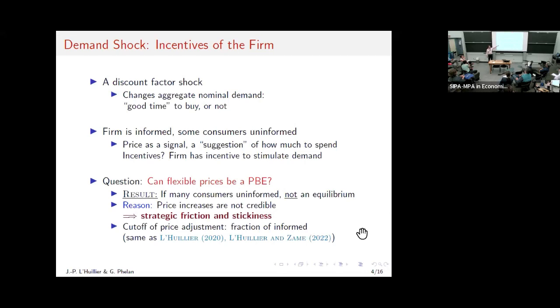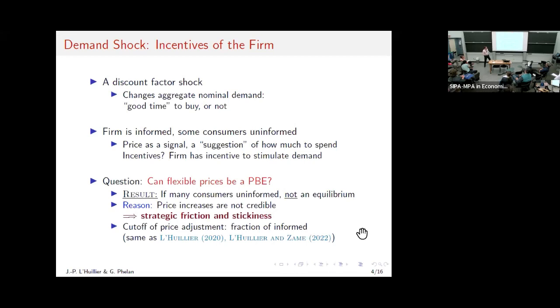The result is that if many consumers are uninformed, this cannot be an equilibrium. Why? The reason is price increases are not credible. Why not? Because even if it's not a good time to buy, the firm has an incentive to increase prices and try to convince the uninformed consumers that it's a good time to buy. But the consumers, being rational, Bayesian consumers, understand the incentives of the firm, and therefore this cannot be a sequential equilibrium.